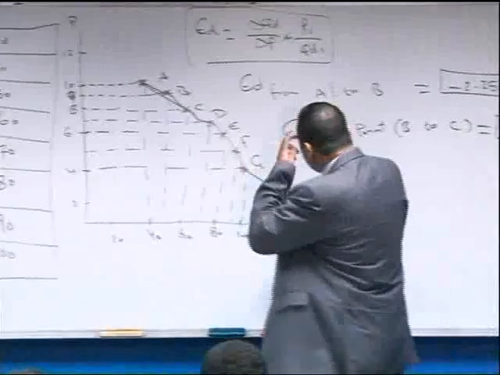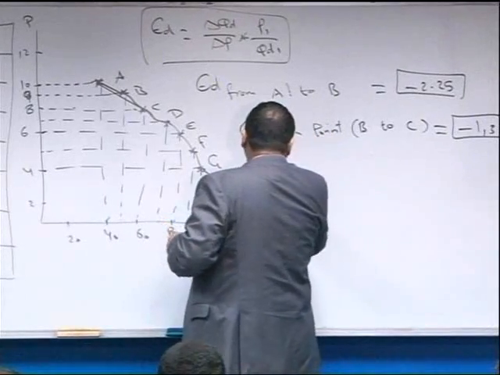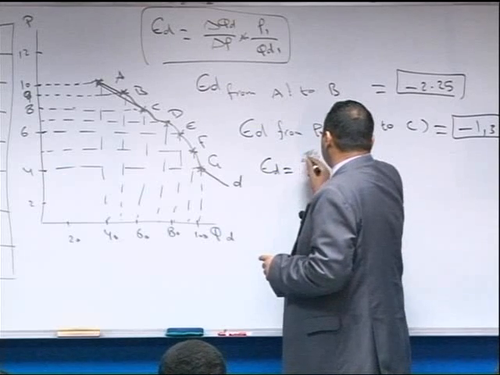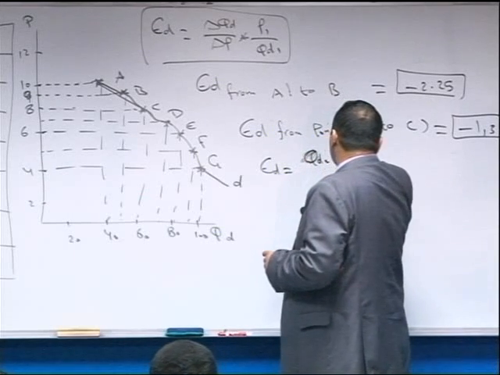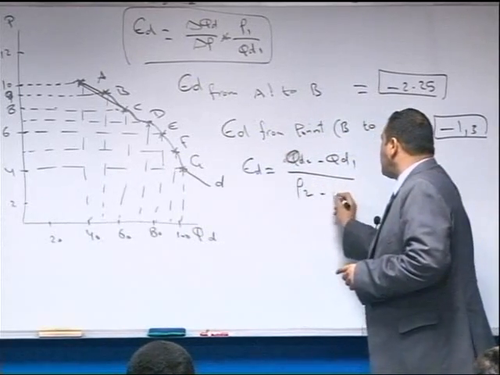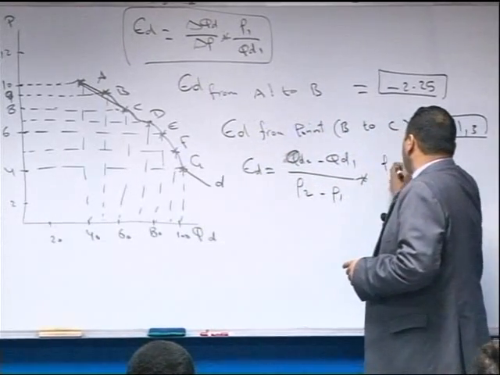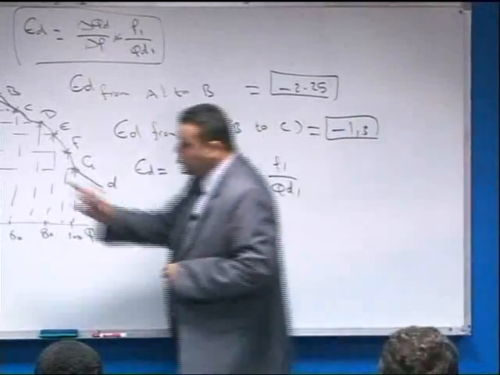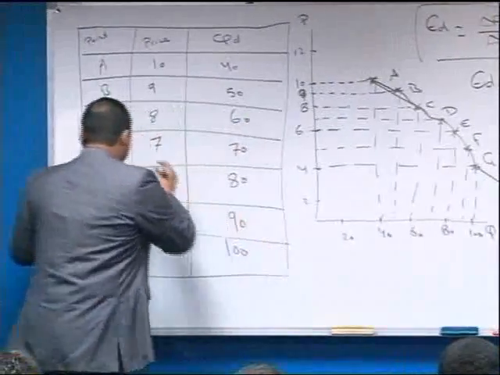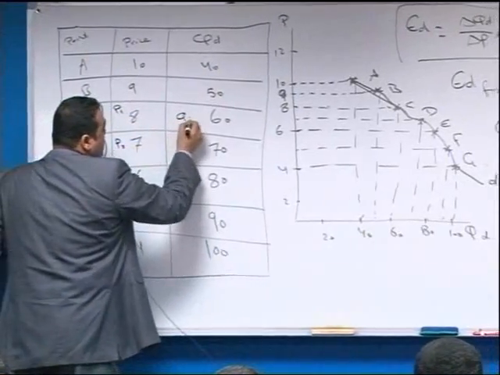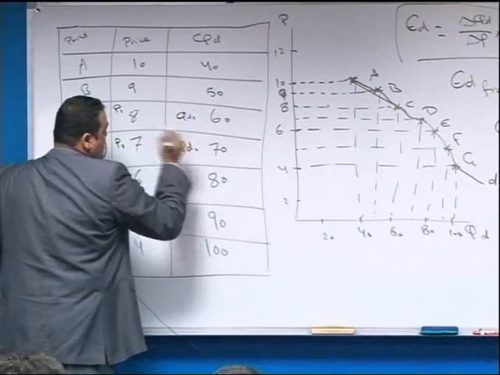From C to D, ED equals delta QD over delta P times P1 over QD1, which is QD2 minus QD1 over P2 minus P1 times P1 over QD1. From C to D, this is price 1, price 2, QD1, QD2.